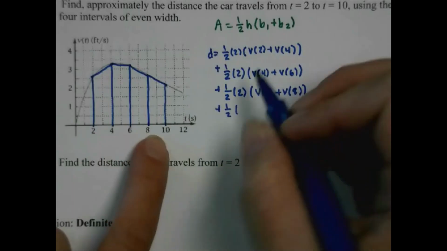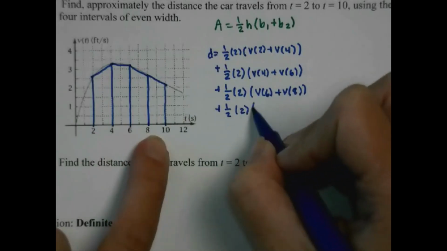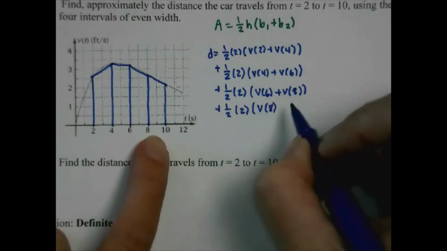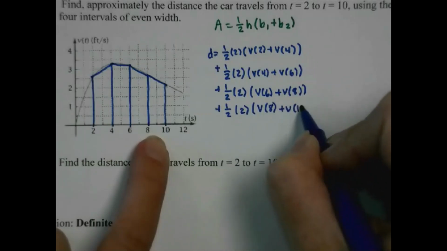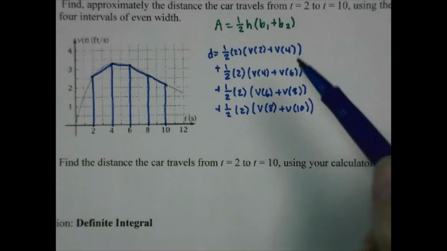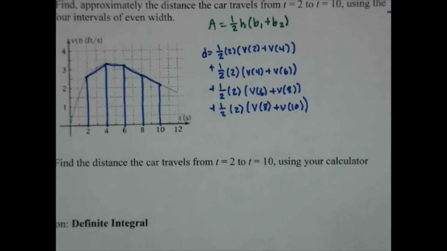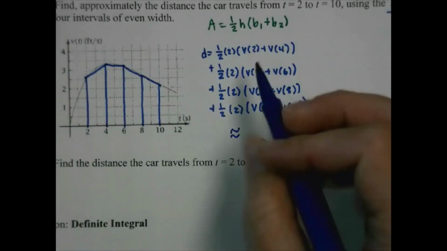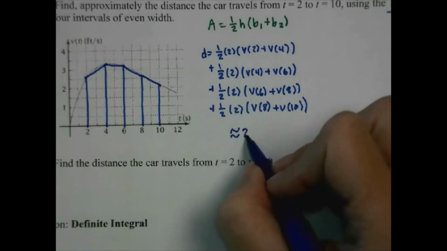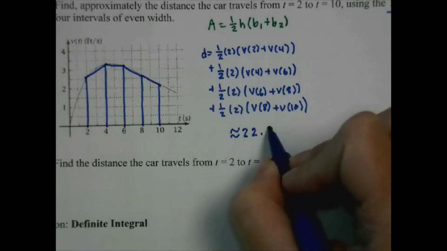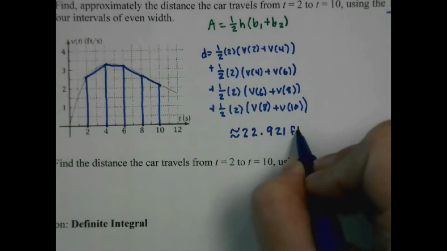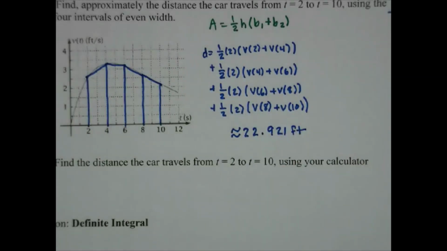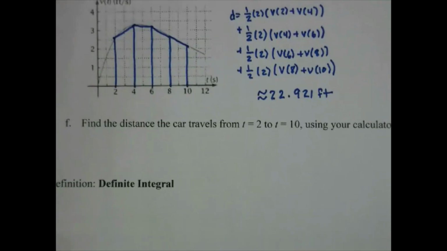And lastly, from 8 to 10. Okay, then you plug in the corresponding numbers and add all of these up. This one gives us approximately 22.921 feet.